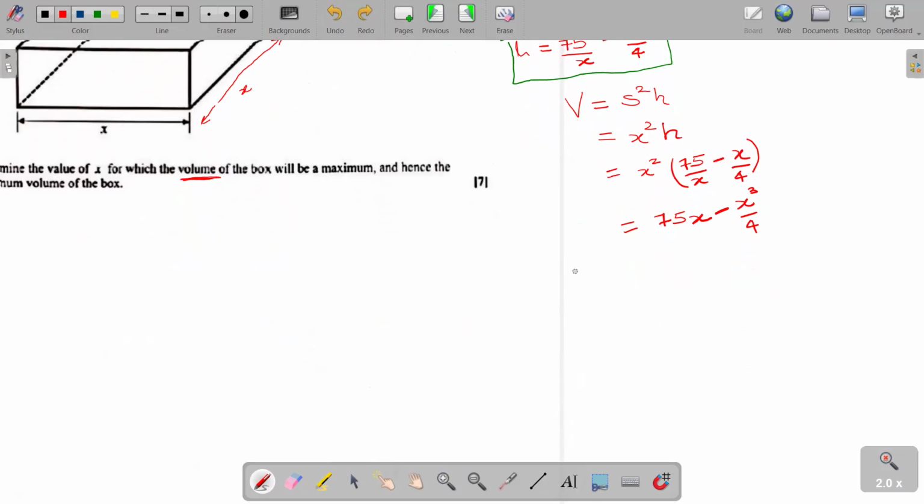So v prime is equal to, we differentiate this. If we check, everything is already in a differentiable form.